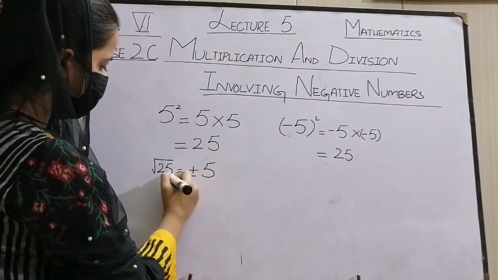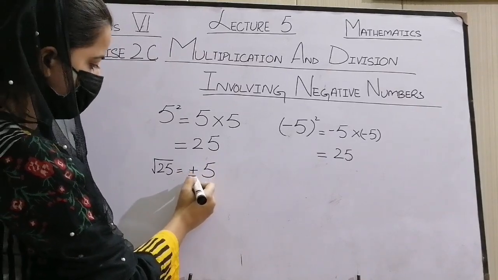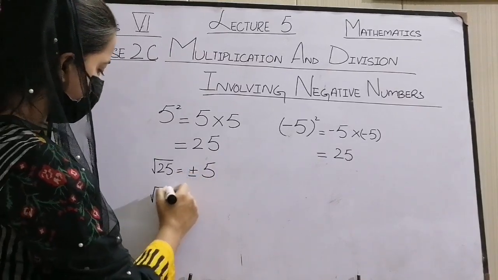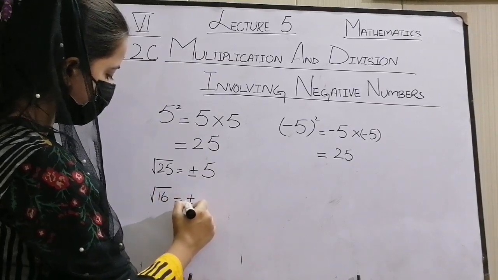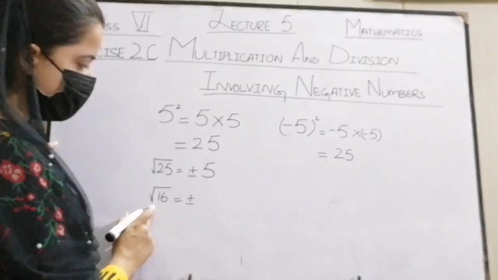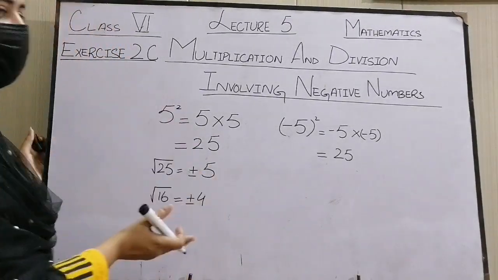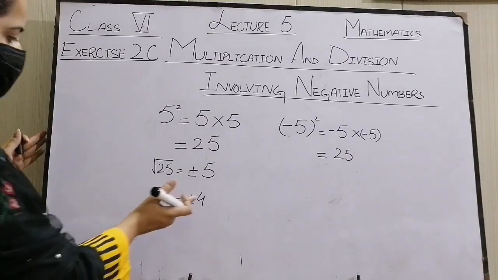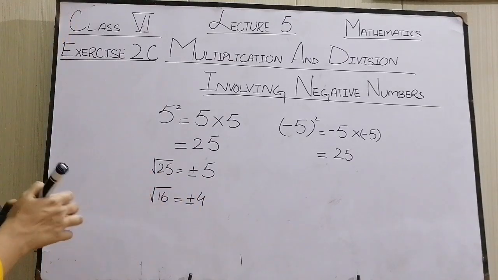So square root of 25 should be written with two signs, plus and minus. Similarly, square root of 16 should be written as plus minus 4, and all the other square roots should be written as both positive and negative numbers.